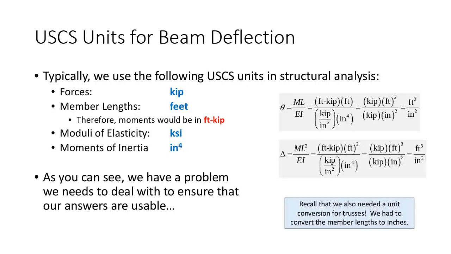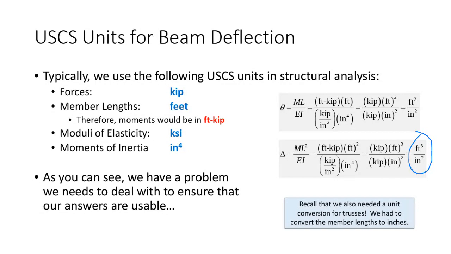And so if you carry that out, let's say you're looking at deflections. If you plug all these quantities in, you get something that doesn't really work out. You've got feet cubed over inches squared. And so we got to deal with that to ensure that that quantity is usable. If I have a beam that's deflected, I might say it deflected, I don't know, a couple inches.